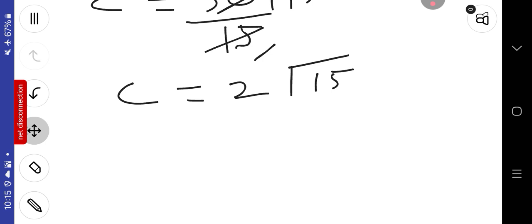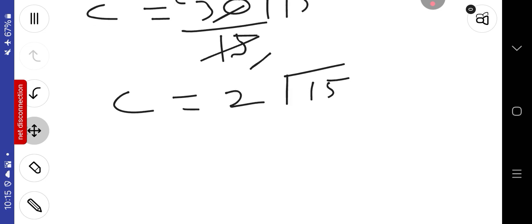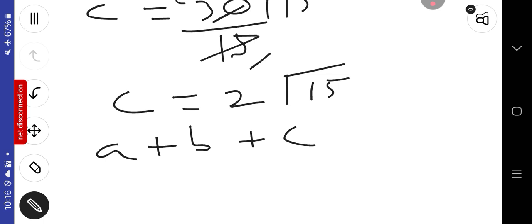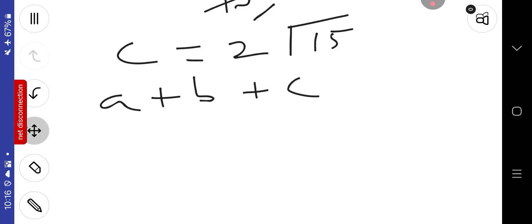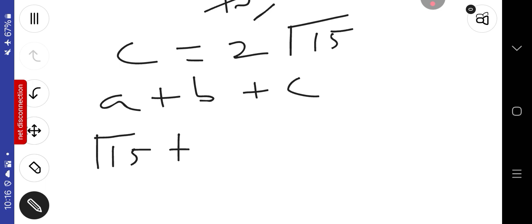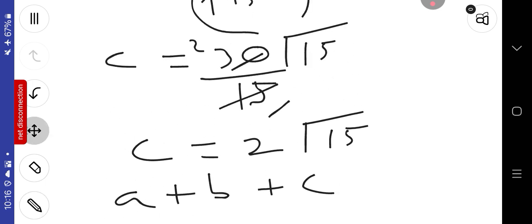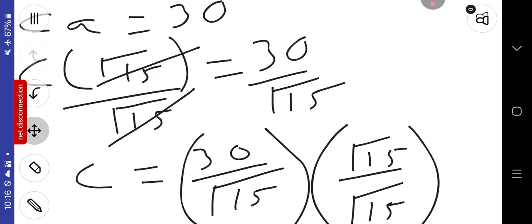Now we know the values for a, b, and c. The question asks us to find a plus b plus c. So we need to add the values for a plus b and then c. Now we know that a is square root of 15. Now let's check what we had for b.